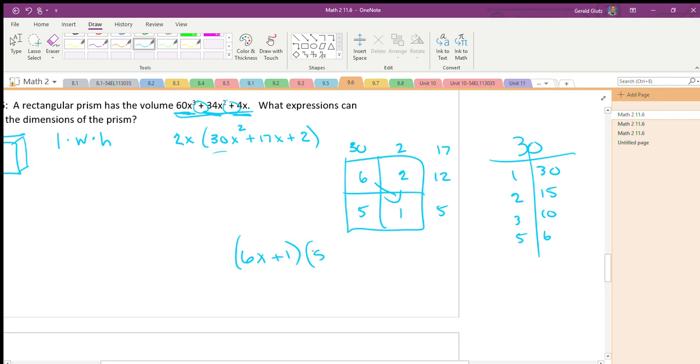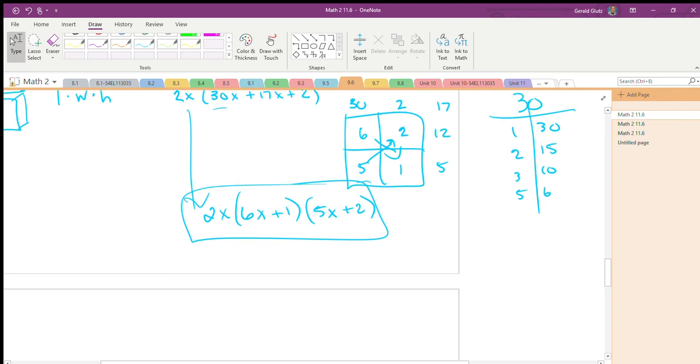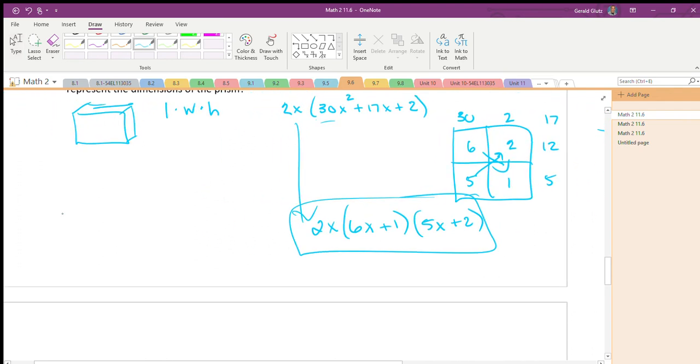Take the bottom left multiplied times x, add its diagonal, so 5x plus 2. And don't forget, we still have a 2x on the outside. So this would be our answer for factoring, but they want the 3 dimensions. So the 3 dimensions are 2x, 6x plus 1, and then 5x plus 2.